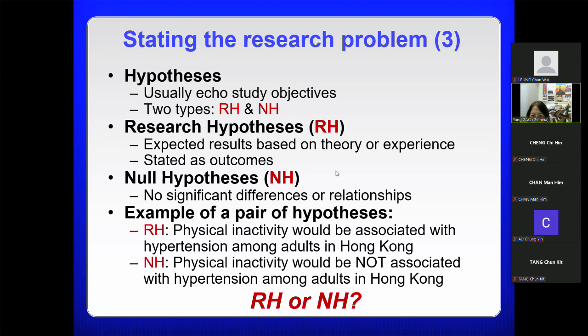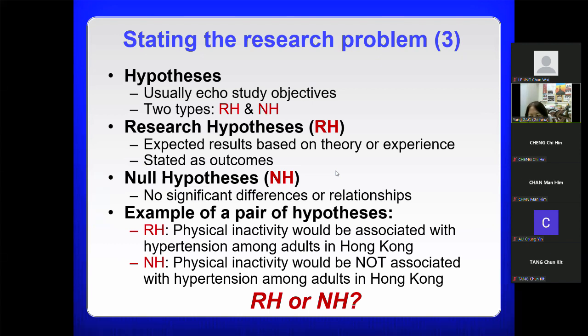Both should use the future tense, with exactly would, not will. That's the correct format of a pair of hypotheses.